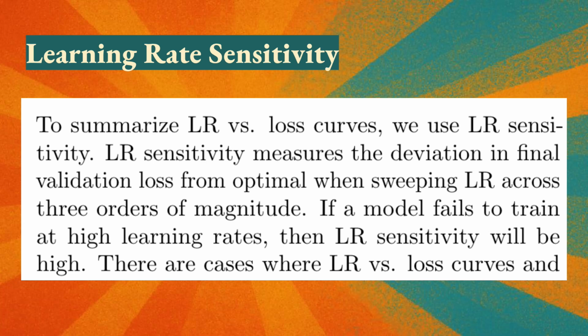They introduce learning rate sensitivity, which measures the deviation in final validation loss from optimal when sweeping learning rate across 3 orders of magnitude. If a model fails to train at high learning rates, then LR sensitivity will be high.